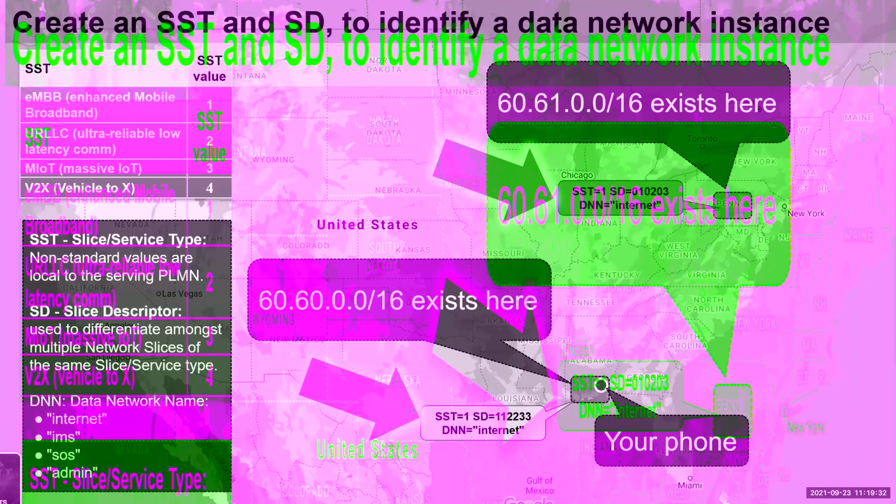So we continued charging and said, well, if my phone is here, should I choose SST1 slice descriptor 0102? It'll totally work. It'll work okay, not great, because what will happen is your phone across that private network, I'm not showing you the private network, we know it's there, will tunnel using GPRS tunneling protocol.